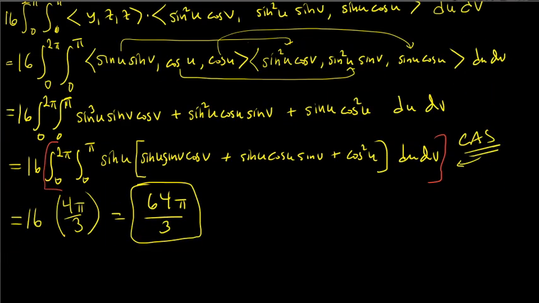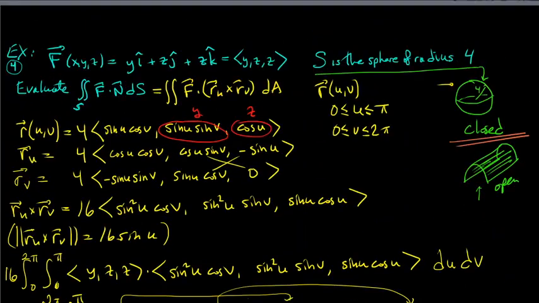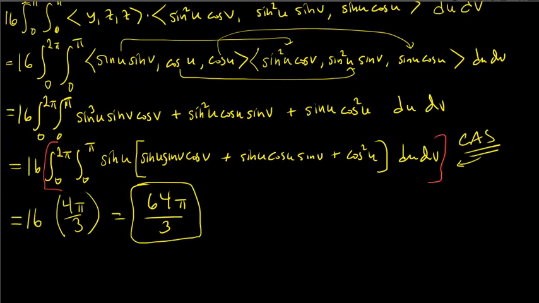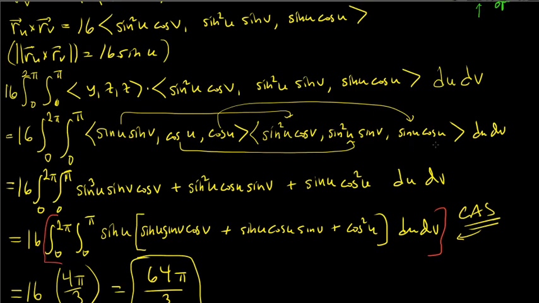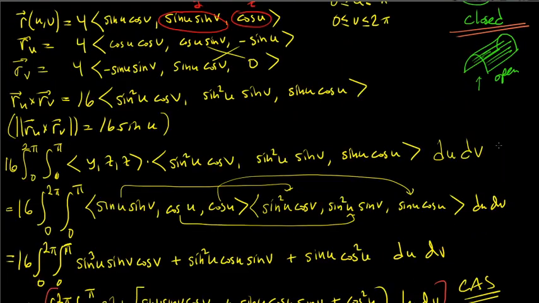And I just realized this is not correct. Oh. Okay, probably a small mistake somewhere. Let me see. I'm sure some of you already know what it is. Hang on.